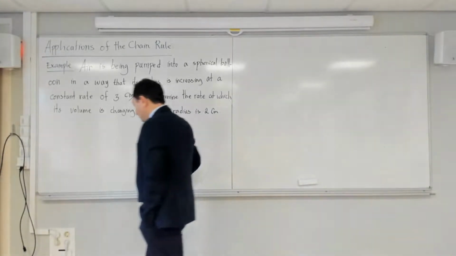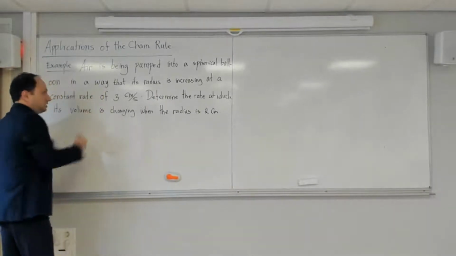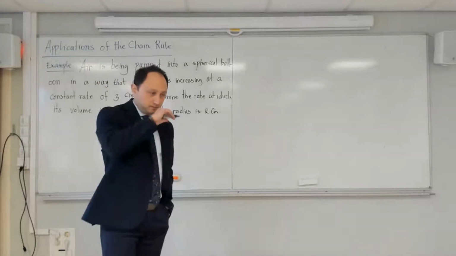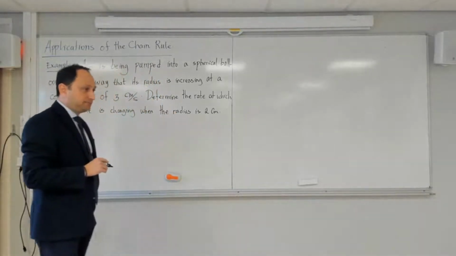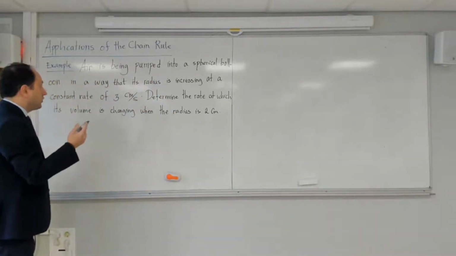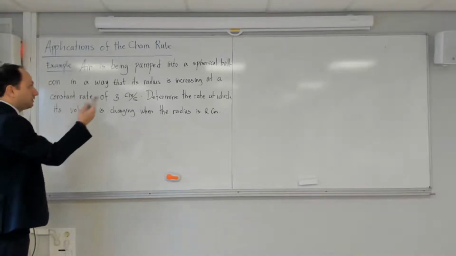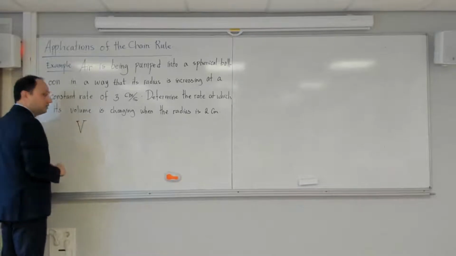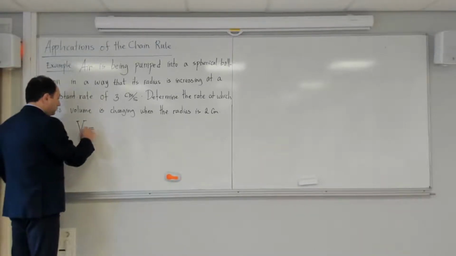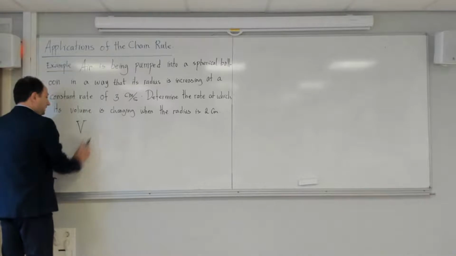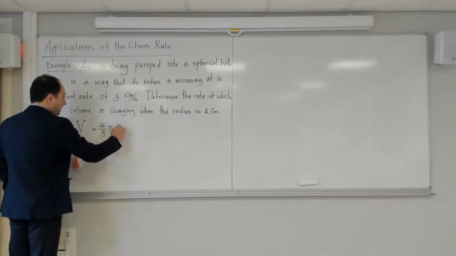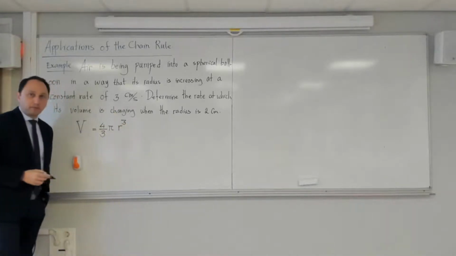So how do you think this is related to the chain rule? We have a quantity called the volume of the spherical balloon, and if you see the formula sheet, the volume of the balloon is equal to 4 over 3 pi multiplied by the radius cubed.